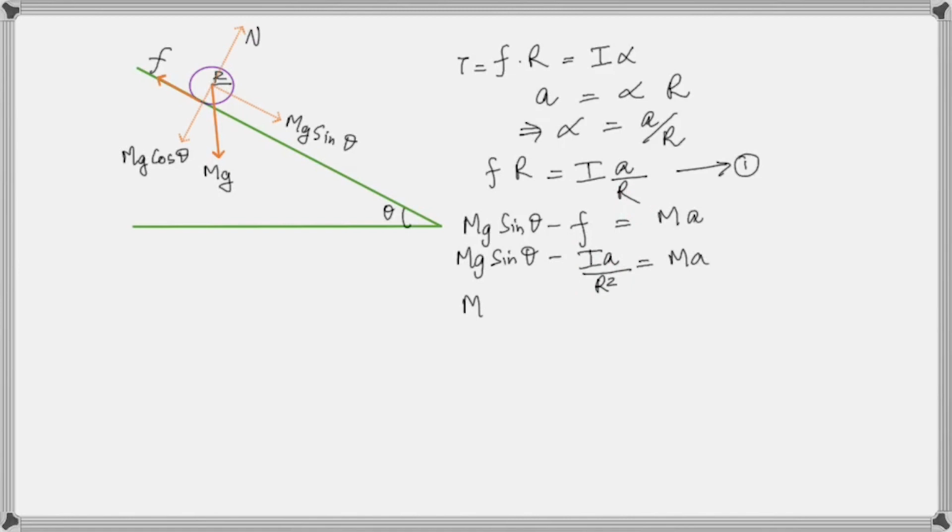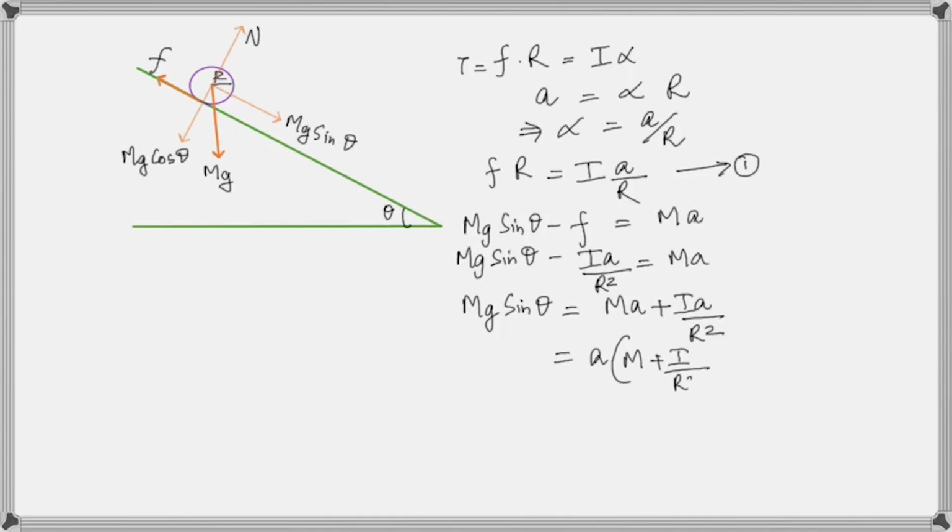Which we substitute into that, and then you get mg sine theta is equal to MA plus IA over r squared. We can see that acceleration is the common factor. Take it out, so you would have mass plus I by r squared.